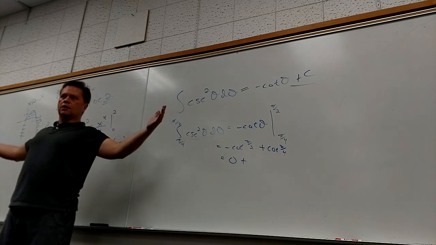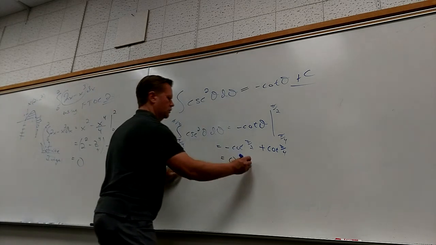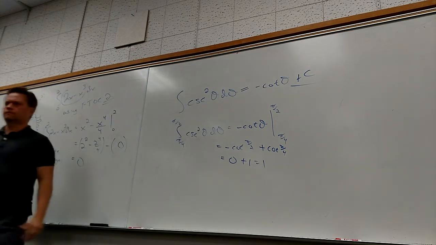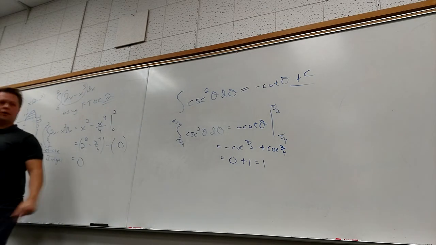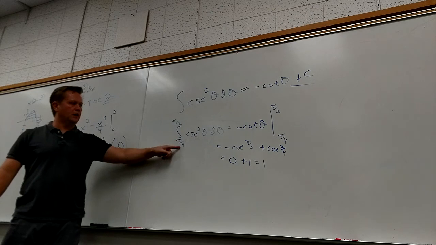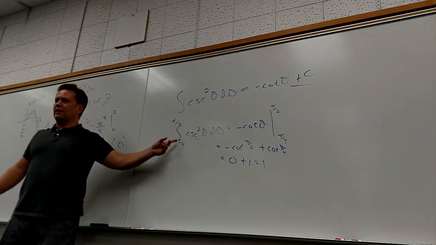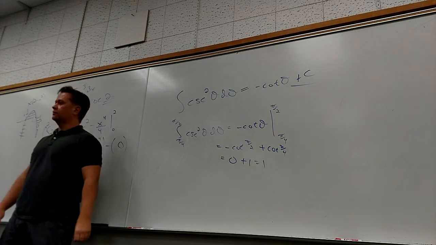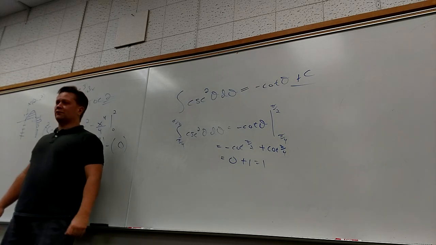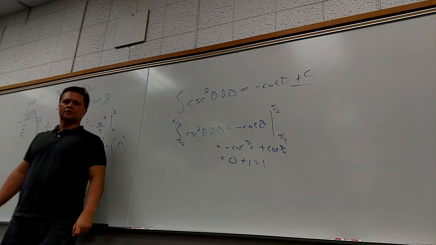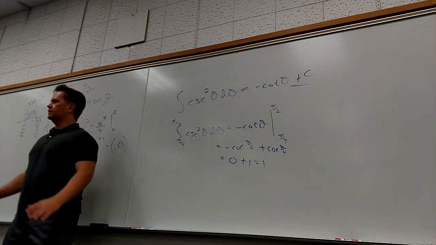So tangent and cotangent agree there. So I get 1. That's kind of nifty. The area under cosecant squared from pi over 4 to pi over 2 is 1. If you had to guess before we got into this section, you would never guess it's 1. Seems too nice for freaky trig functions. But oh well, they behave nice sometimes.